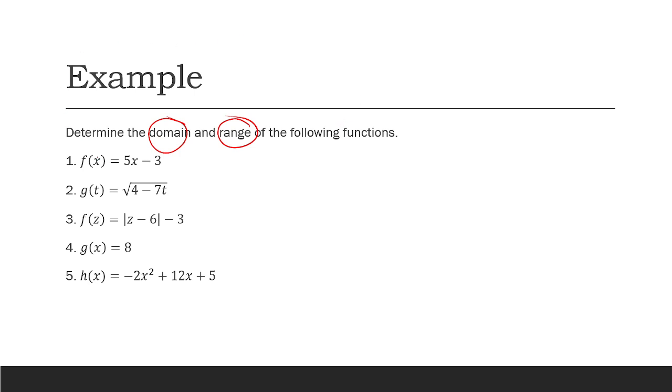So for number 1, ito medyo madali. No? If we will try to look for the domain, ano kaya yung interval or all of the possible values of our x? This is a very simple function. Diba? So, linear lang siya, tas 5x minus 3 lang. So, in this case, limited ba yung pwedeng lagay natin na value ng x?